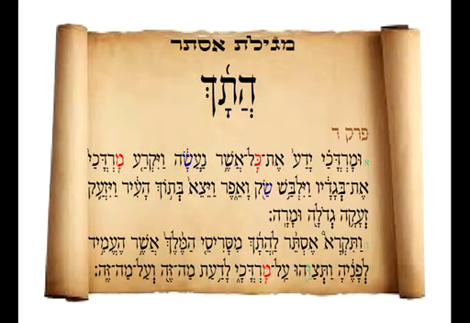So we now have another person in the picture. This is the person called Hathach. Hathach comes from the Hebrew word toch. Toch means in the middle, in the midst. And so Hathach goes back and forth between Mordecai and between Esther, conveying messages, transferring items back and forth as he is the middleman.